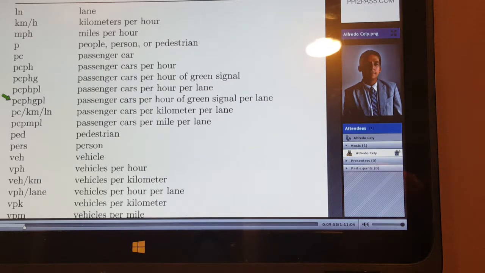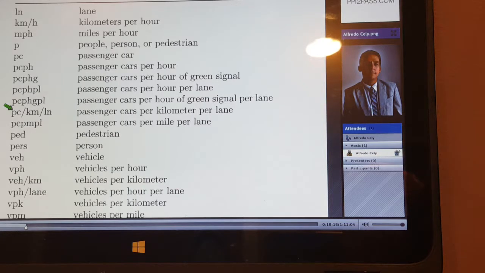Then you have the PCPHGPL, passenger cars per hour of green signal per lane. So that is the amount of flow of passenger cars going through a green signal divided by the number of lanes on a specific roadway.